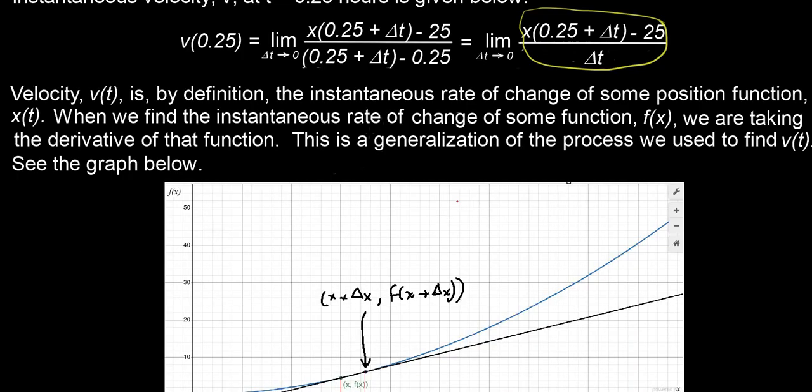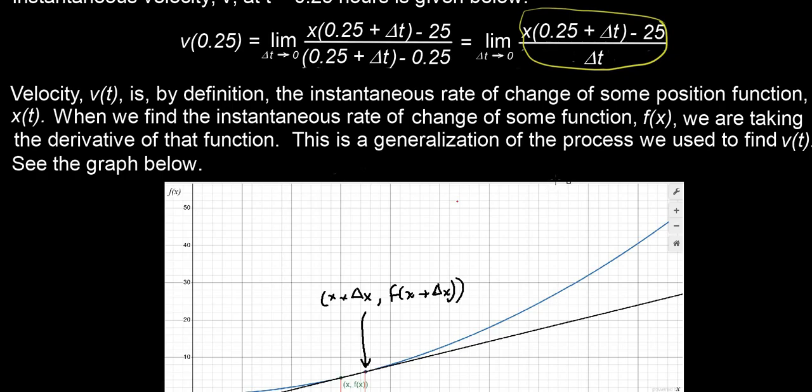Now, I said that this video is an illustration of something called a derivative as a rate of change calculator. And velocity, by definition, is a rate of change of position. So we formed an expression for calculating the velocity at 15 minutes for the son's trip to his mom on Mother's Day. Could we generalize that?